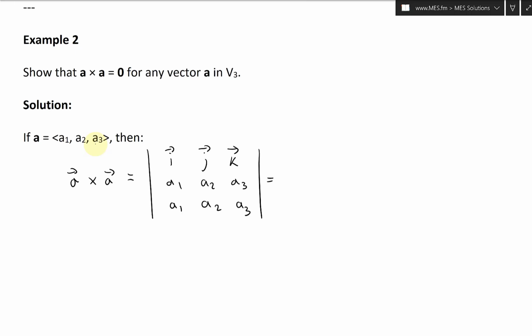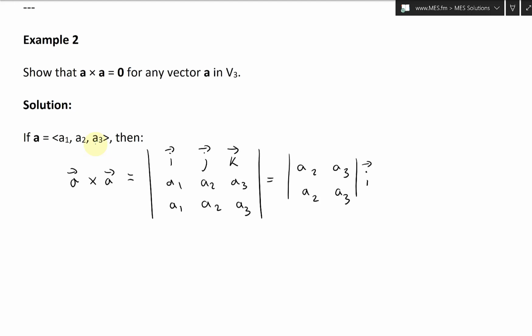All right, so now let's expand this out in the second order determinant form. Again, cross this and this, we'll get A2, and we'll get this one right here. And let's write that down. So A2, A3, A2, A3, and then this is going to be the I vector.